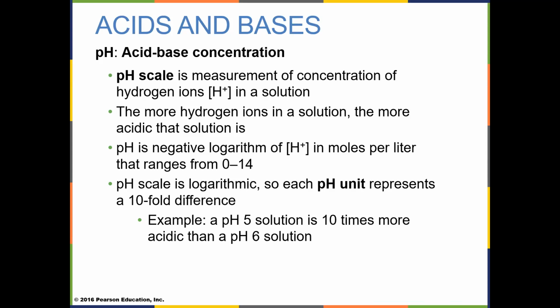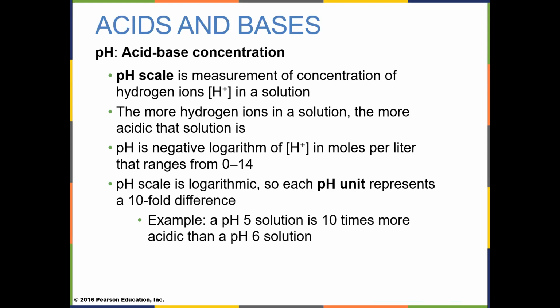As we move up and down the scale, we see a 10-fold change. So like it says here, a solution of pH 5 is 10 times more acidic than a pH of 6.